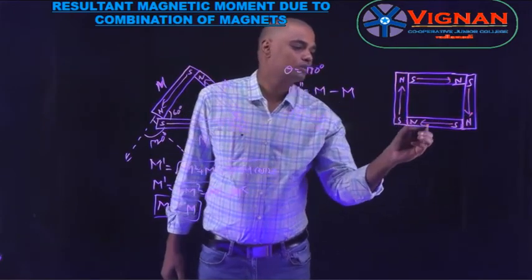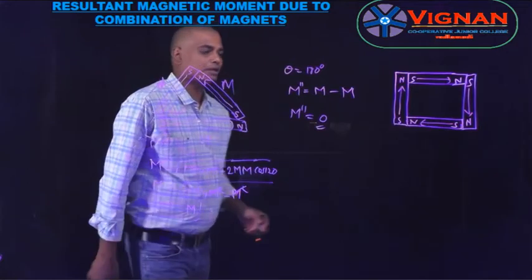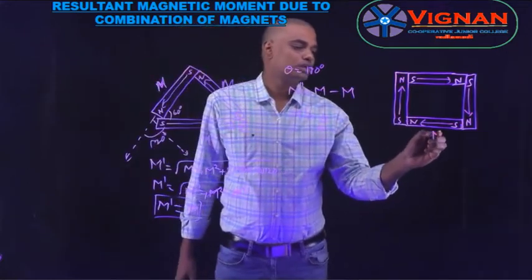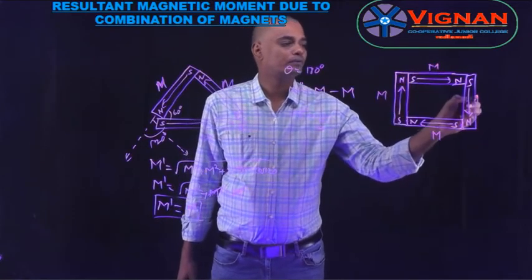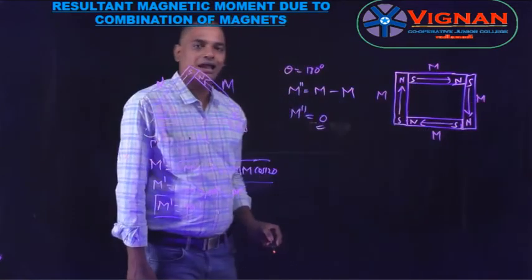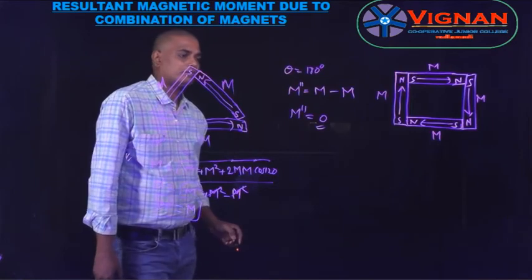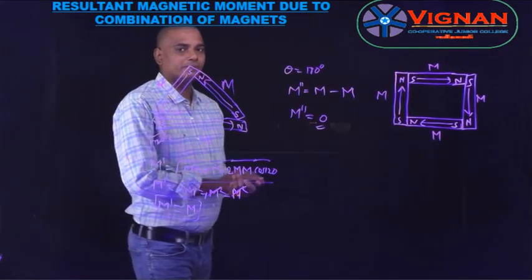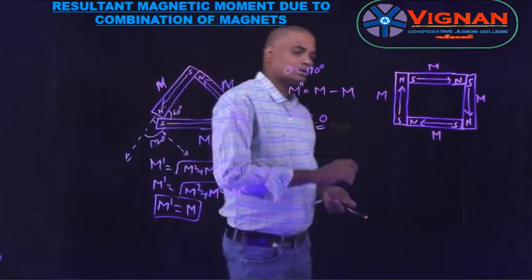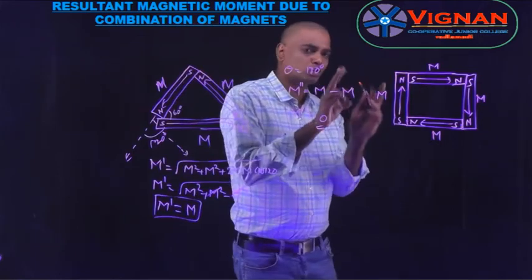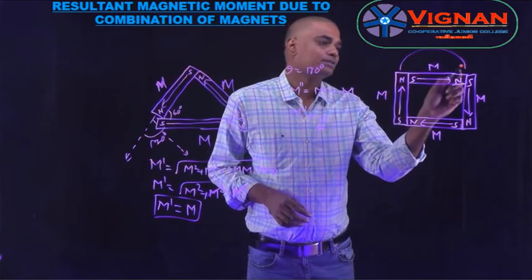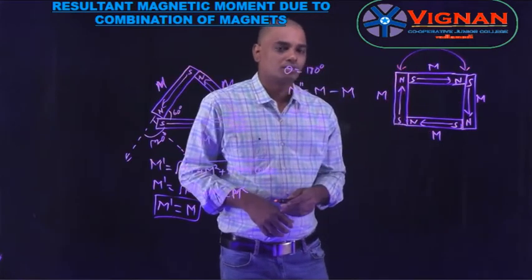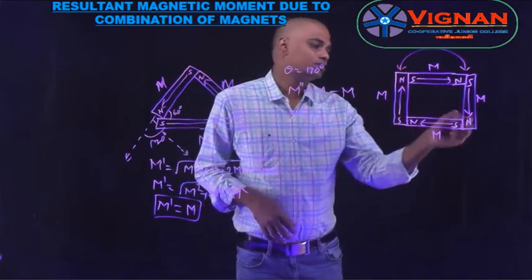The directions will be in this manner: the direction of the magnetic dipole moment, where each bar magnet has a magnetic dipole moment of capital M, as they are four identical bar magnets. Then for the resultant, consider only two magnets at a time. So I am considering these two bar magnets. Later I will consider these two bar magnets.